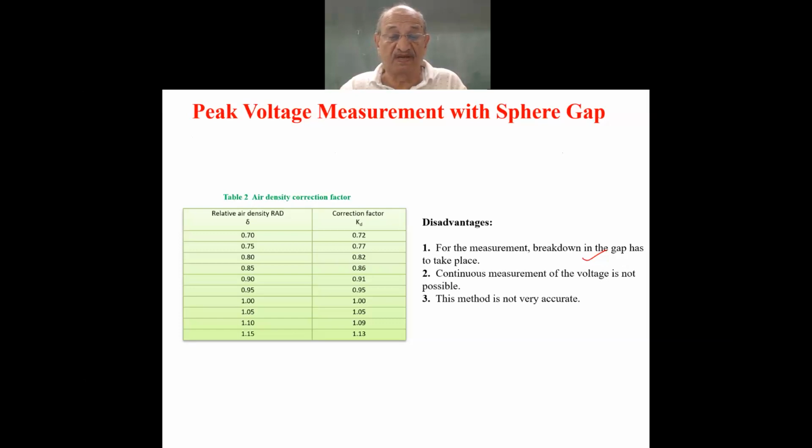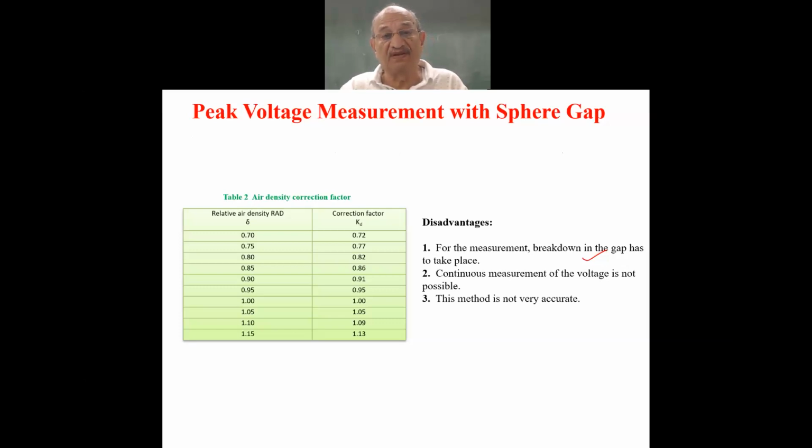Sphere gap, one advantage was it can measure AC, impulse, and DC, all types of voltage and all polarities. There are calibration tables available in various standards if you want to refer, and that is why it was continued for a very long time for the measurement of peak value.